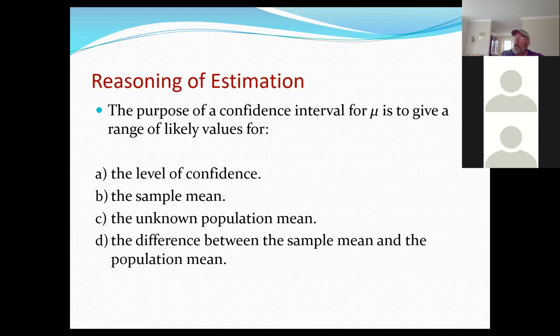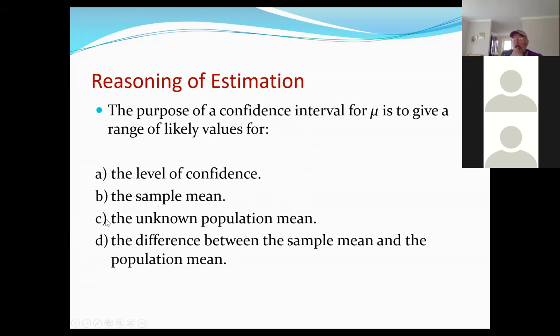So the purpose of a confidence interval for mu is to give a range that is likely values within that confidence interval. The purpose of this is what? Okay, we want to know the unknown population mean.